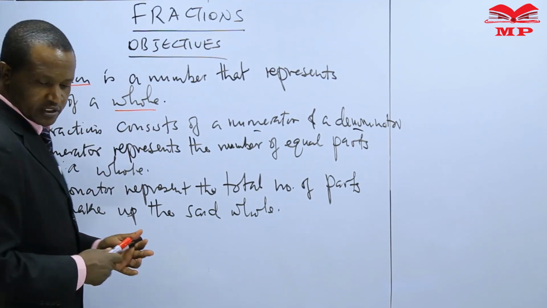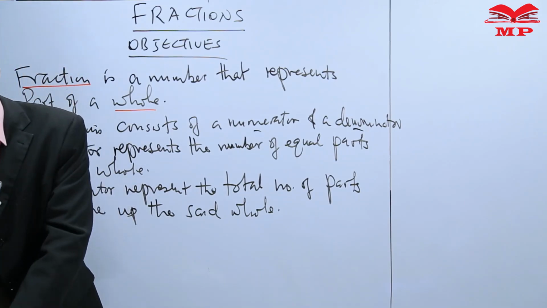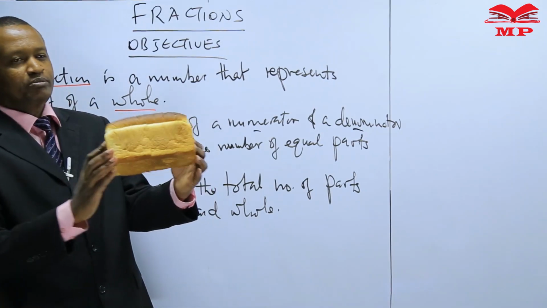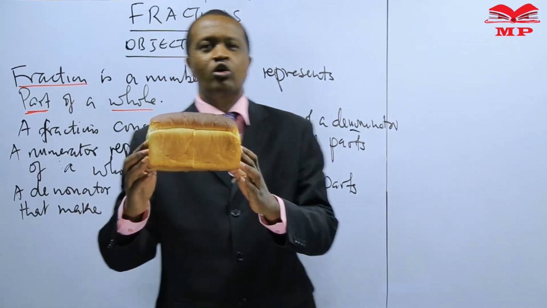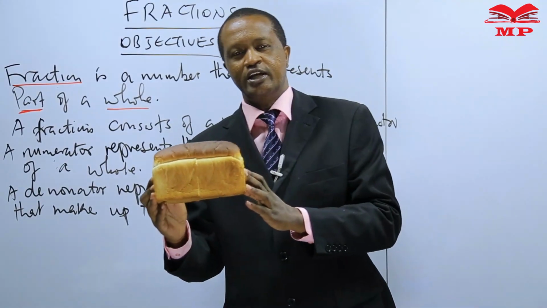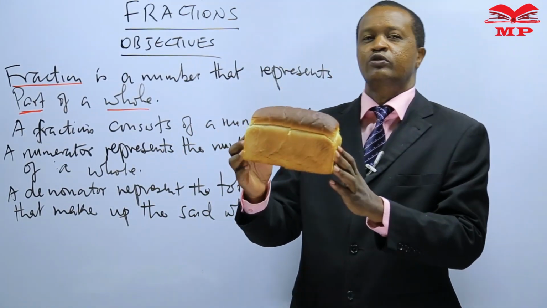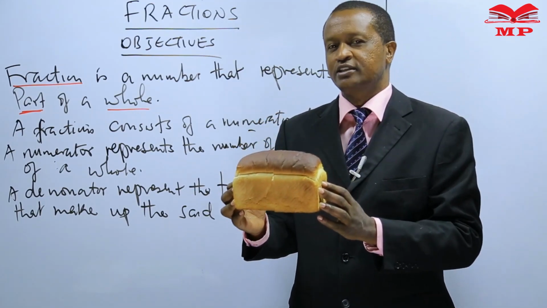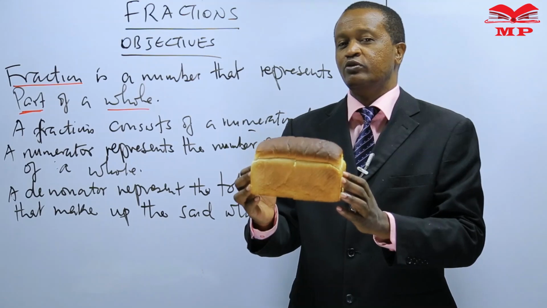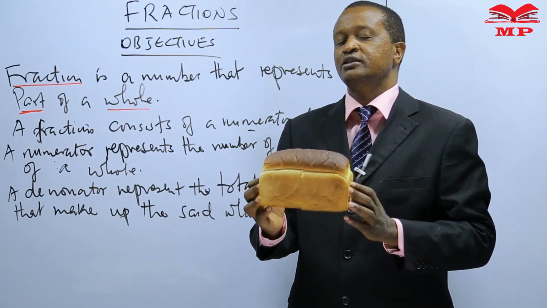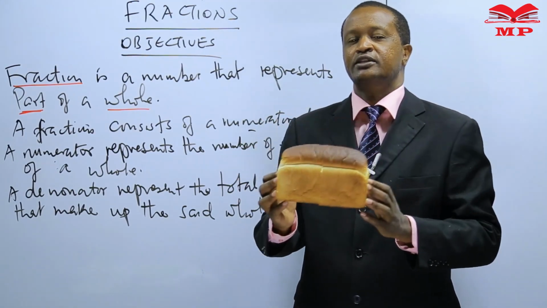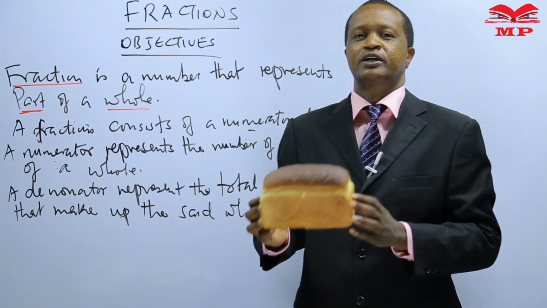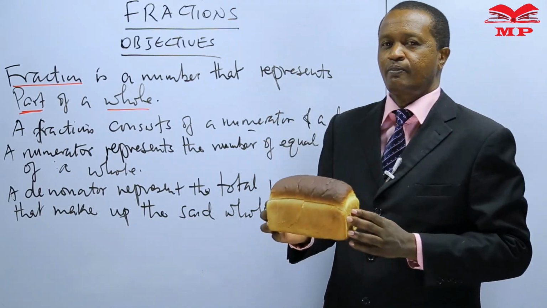For example, if you have a loaf of bread, using this one as an example, this is a whole loaf. This loaf, I can decide to cut it in many parts: 2 parts, 3 parts, 8 parts, 10 parts, 20 parts, 50 parts, all right, equal parts.